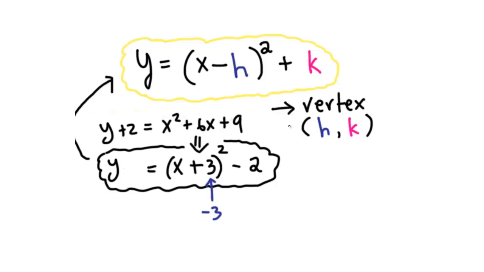And then the k is just this number here. It's a plus k, so k in this case is a negative 2. So the vertex that we want to find for this equation will be negative 3, comma, negative 2.